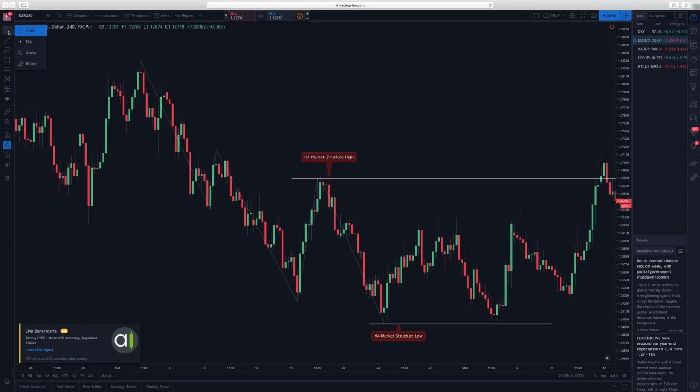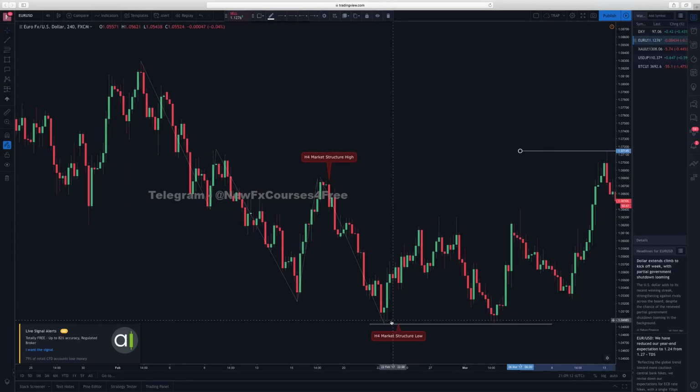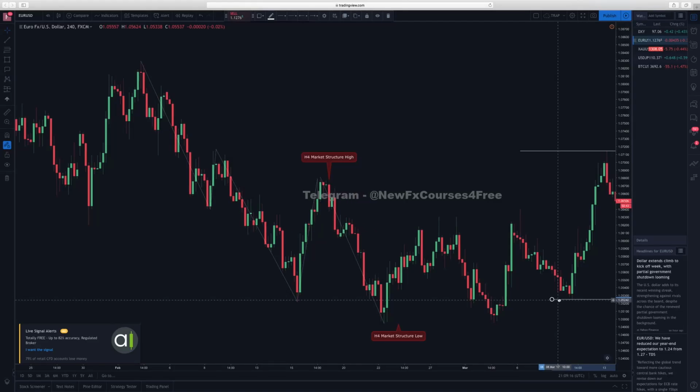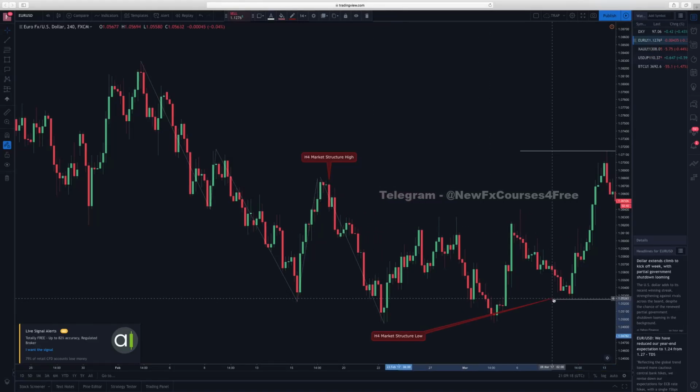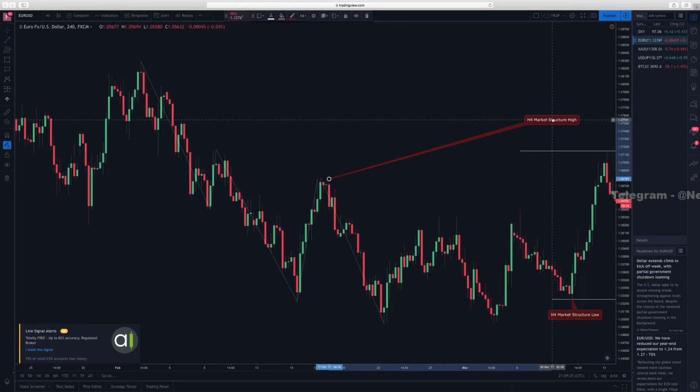So in breaking above market structure high, this would have become the new structure high, and then this baby right here would have become the new structure low. And yeah, same rules apply.